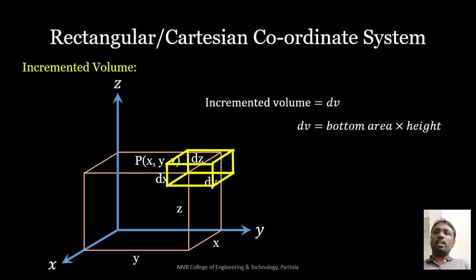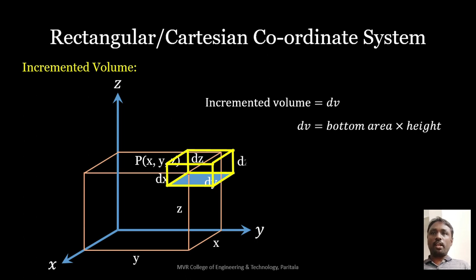If you want to identify the volume of any rectangular box, you need to identify the bottom area, and thereafter multiply that bottom area with the height, so that you can get the volume. So what is the bottom area here? This is the bottom area, occupied with dx and dy. So it is dx into dy.